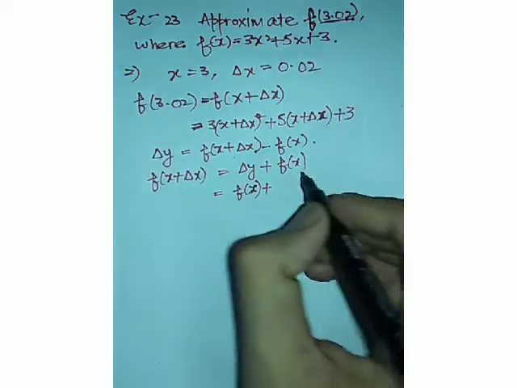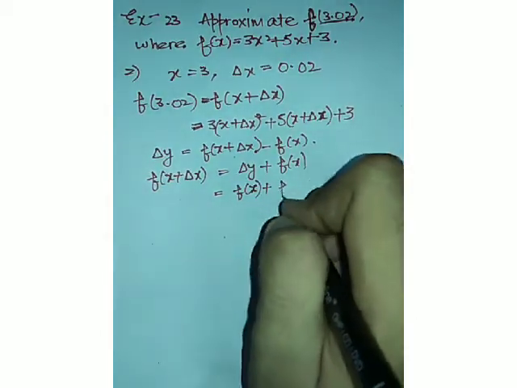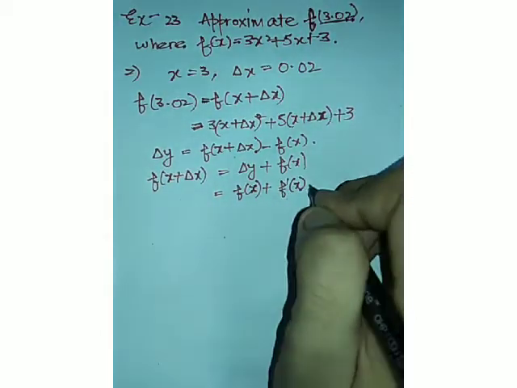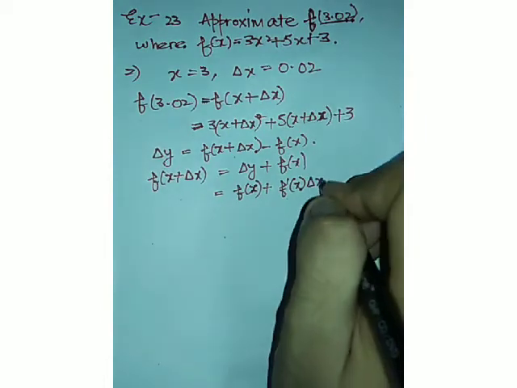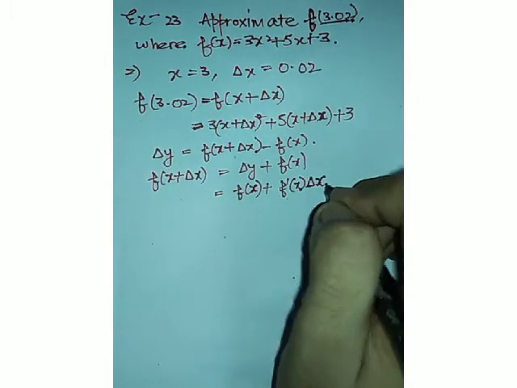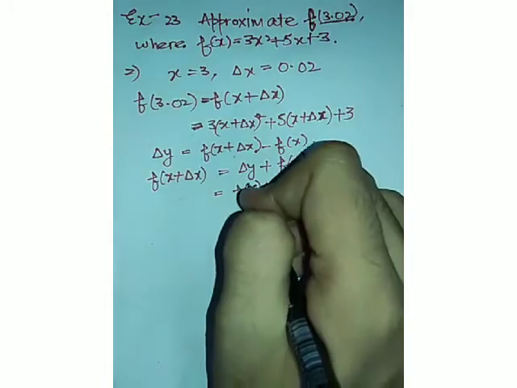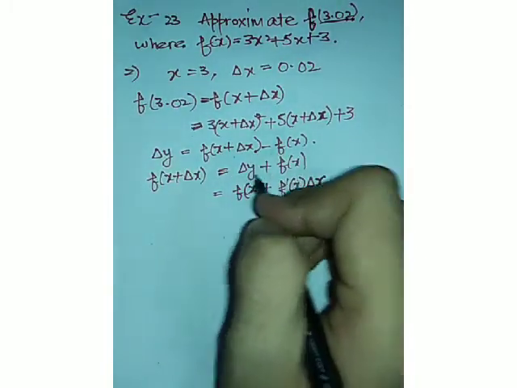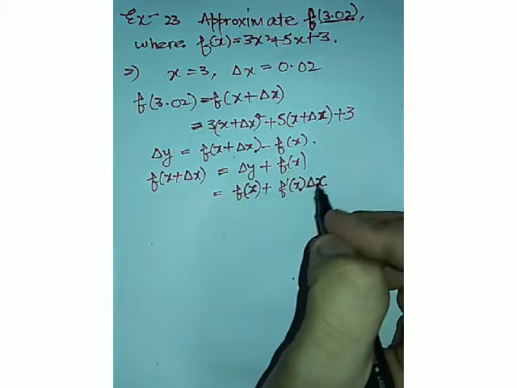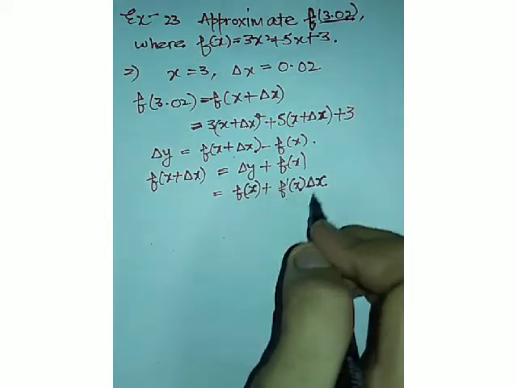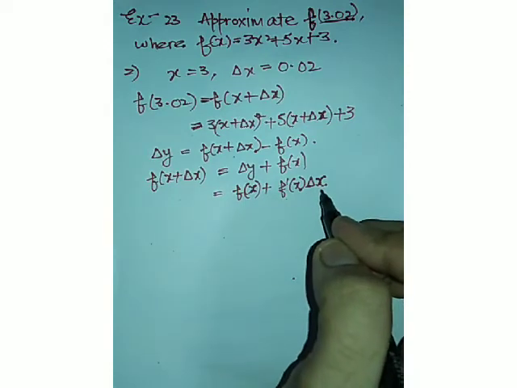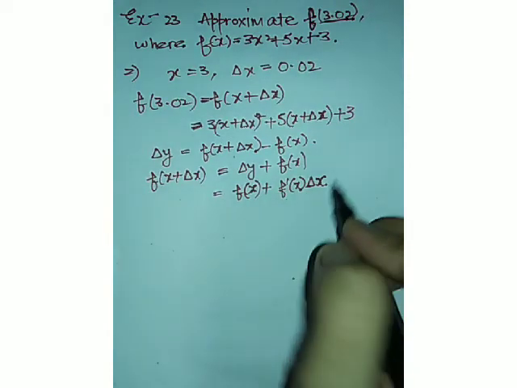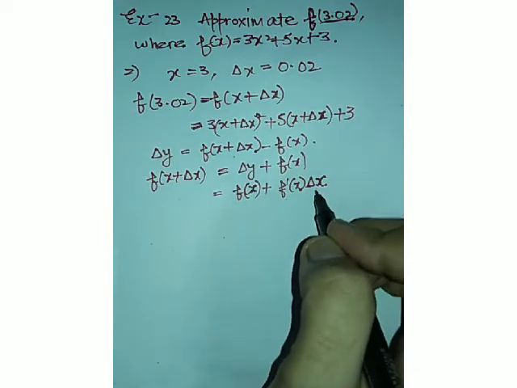Now we have f of x, but what is delta y equal to? Delta y is equal to dy upon dx into delta x, or we can write f dash x into delta x. We have done the same concept in the previous examples, the first and second examples of this exercise, that is delta y or dy is equal to dy upon dx. I have written dy upon dx as f dash x, and we write dx, but here dx is approximately equal to delta x.